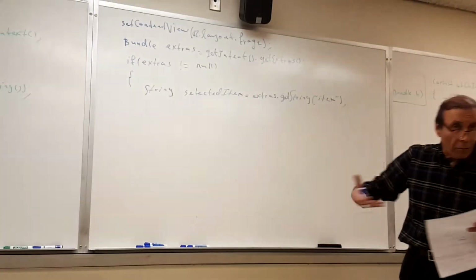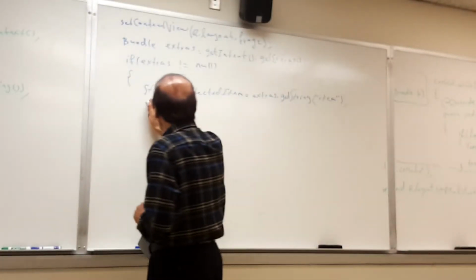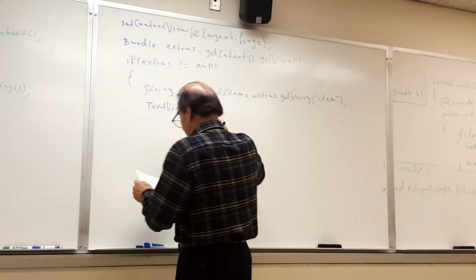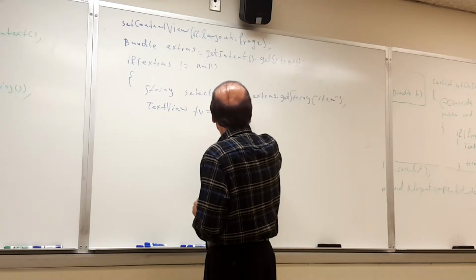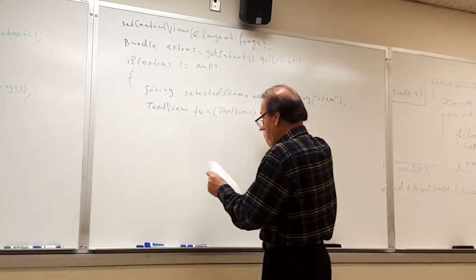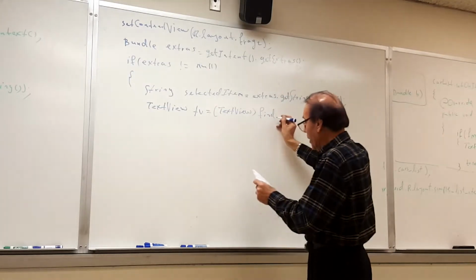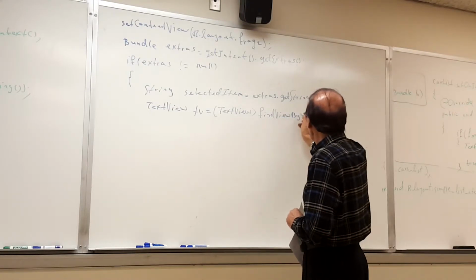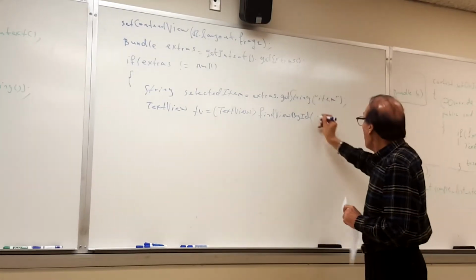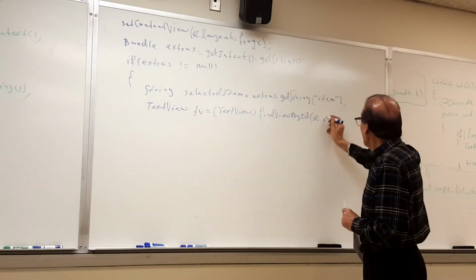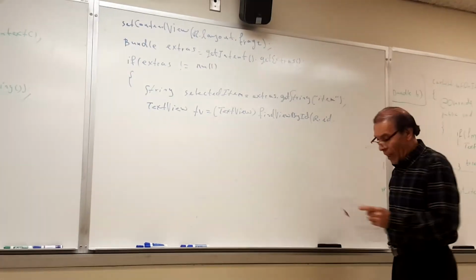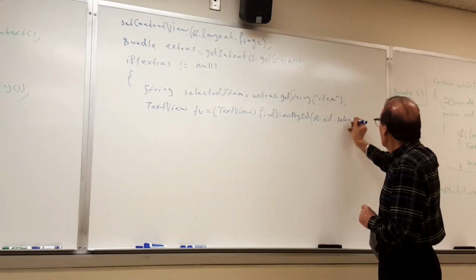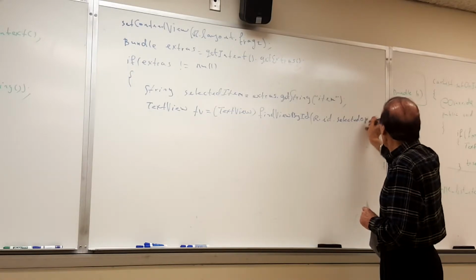and display it. Text view and display that, right? The TextView TV equal casted TextView findViewById, R dot id dot selectedOpt, right? You remember selectedOpt?